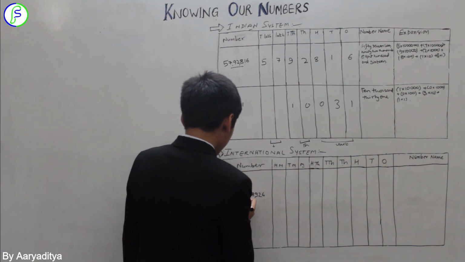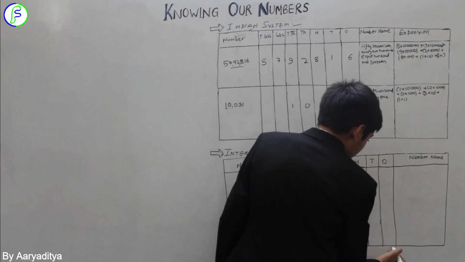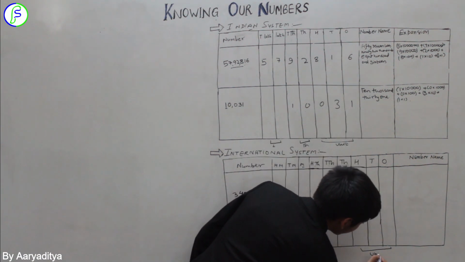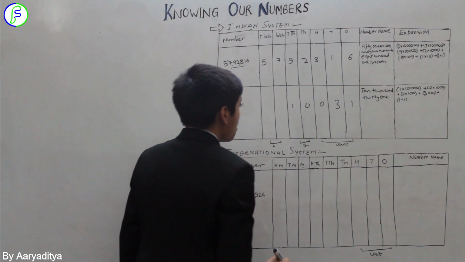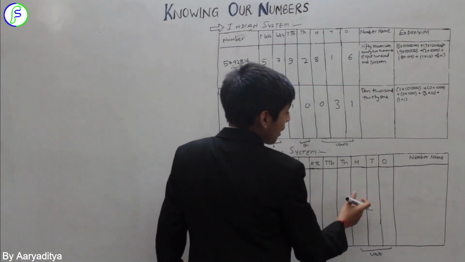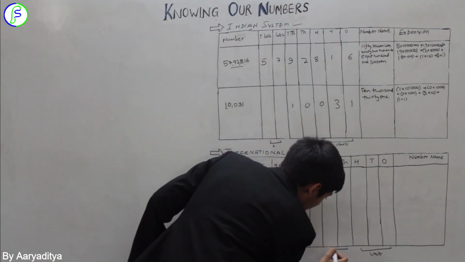Okay, as we see first, there's a group of HTO, also known as the unit group, but in the international number system, the upcoming places or positions are grouped in 3.